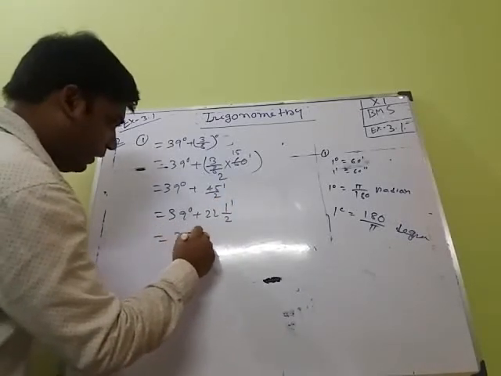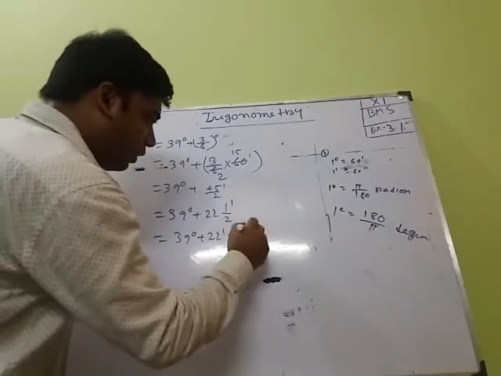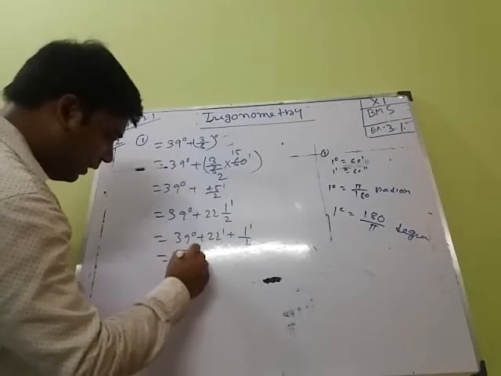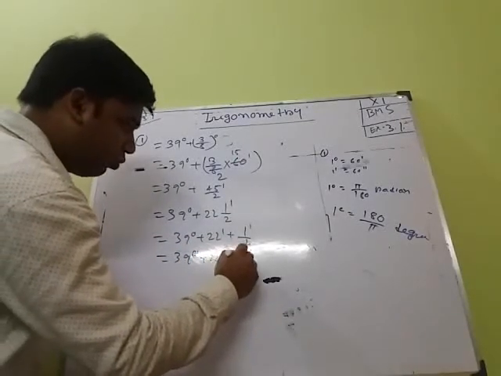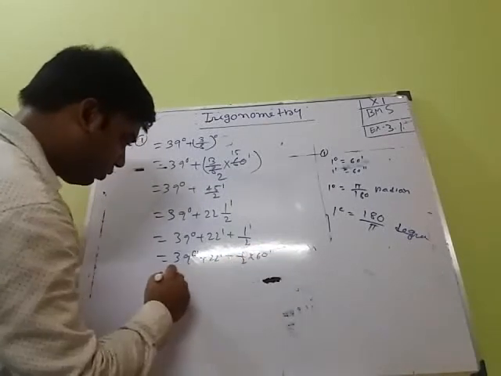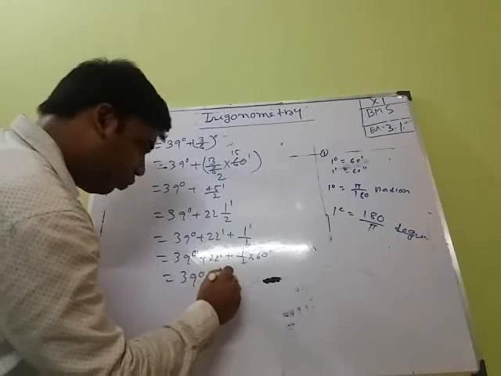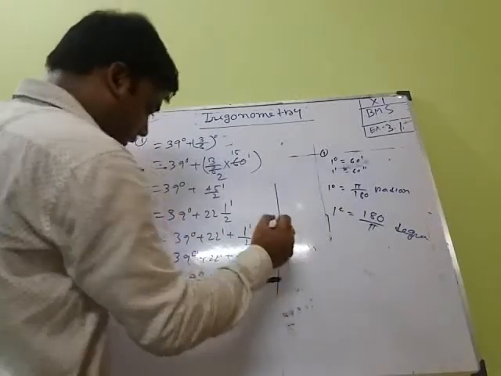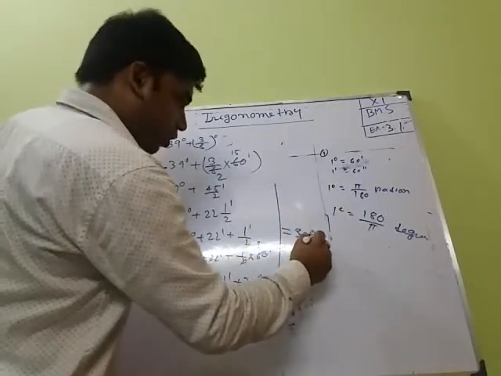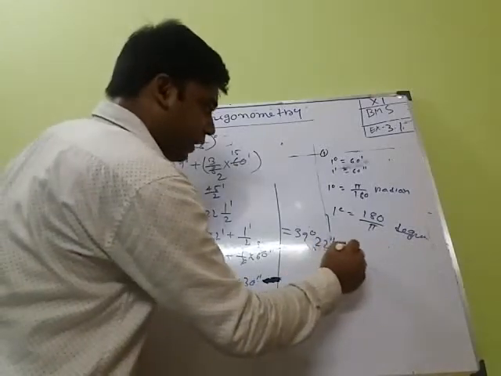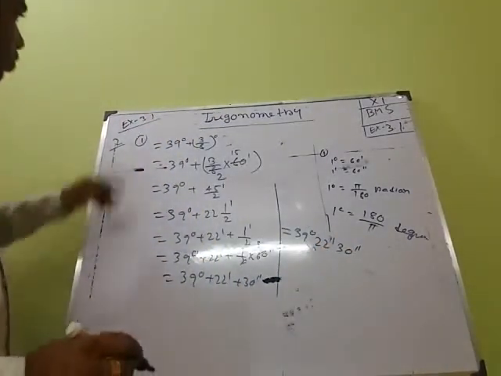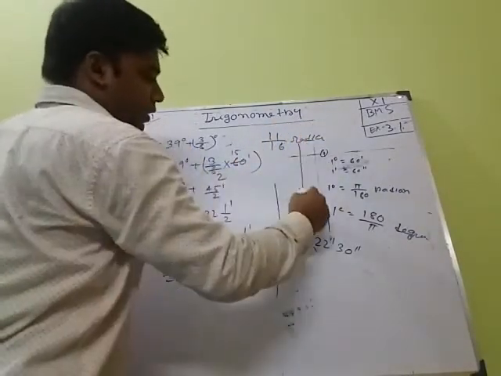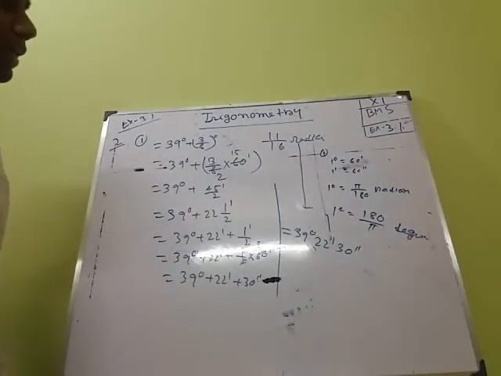Now 1 by 2 minute is less than 1 minute, so changing it, 39 degree plus 22 minute plus 1 by 2 into 60 second. So 39 degree 22 minute and 30 second. So changing 11 by 16 radian, we get 39 degree 22 minute and 30 second.